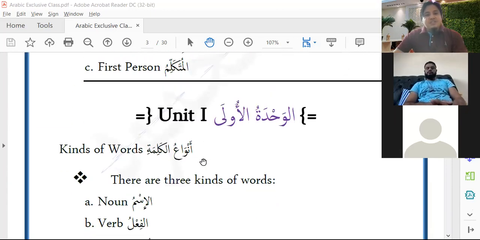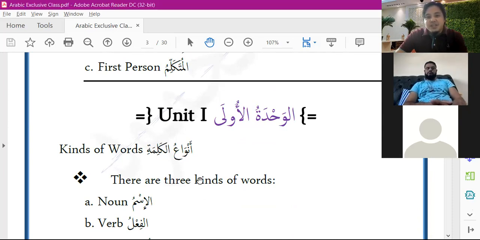So unit 1, anwa al-kalima. Anwa means kinds. This is the plural form of the word naw'un: nun, waw, ain. When we say two kinds, naw'ani, either naw'an or naw'ain for this word.